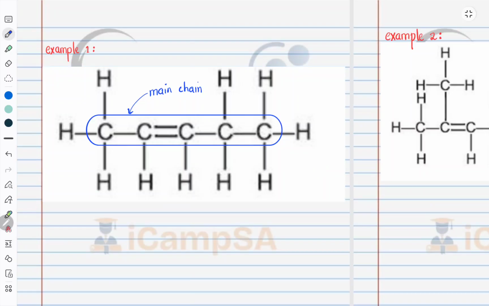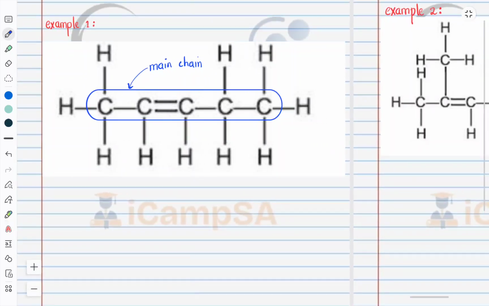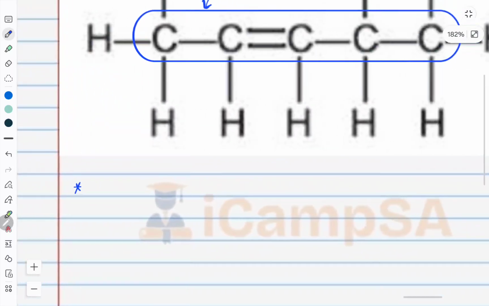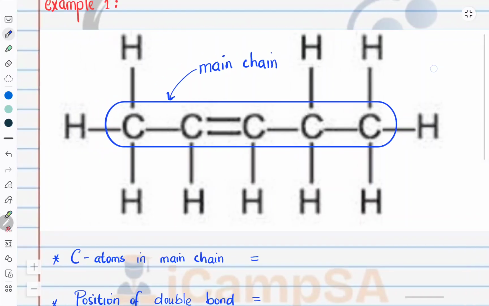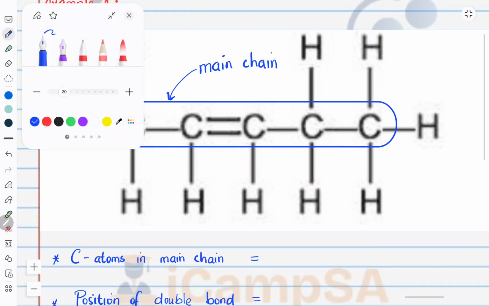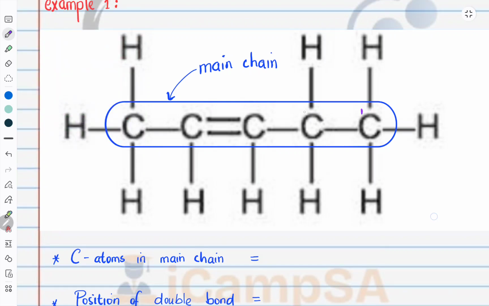So how many carbon atoms are in the main chain? Let us start numbering this main chain. If I number from right to left, I would say 1, 2, 3. So the location of the double bond is carbon number 3.